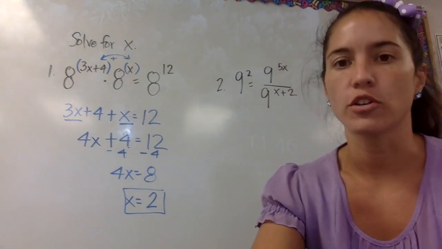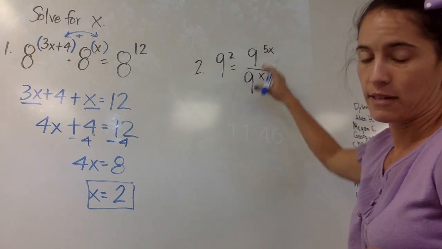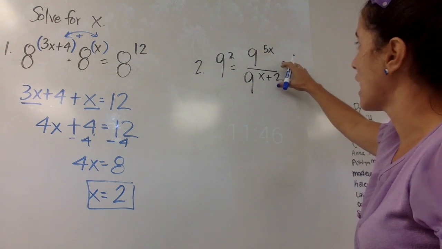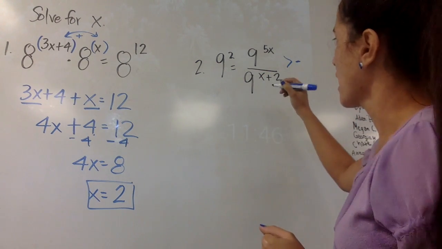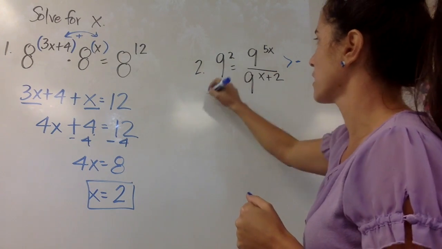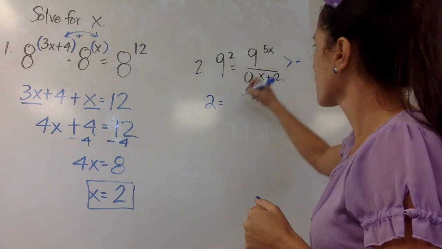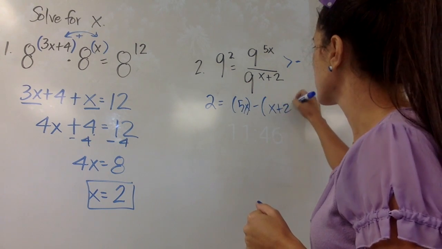All right, so let me show you this one. I am dividing, my bases are the same, so I'm going to subtract my exponents. And I think it would be helpful to use parentheses in problems like this. So I'm going to take my 2, and I have 5x minus (x plus 2).